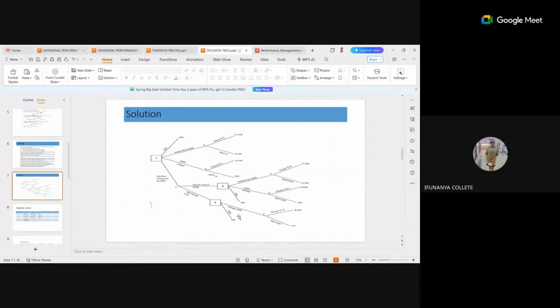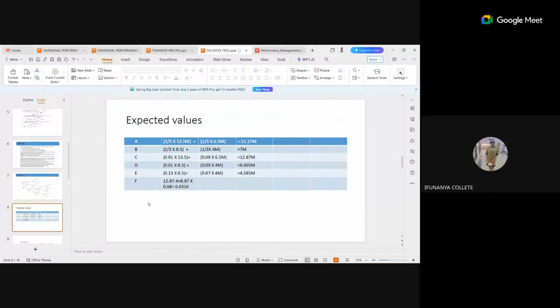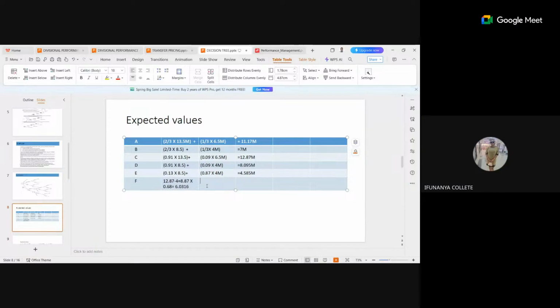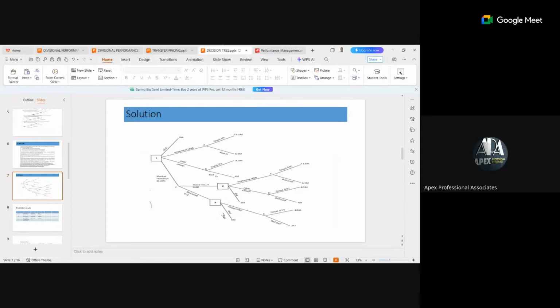Now, when you relate it with shutdown, it is 5 million, which has the highest expected value. Shut down, right? Yes, sir. So we go with shut down, because it has the highest return compared to when we engage in the cheap refurbishment.